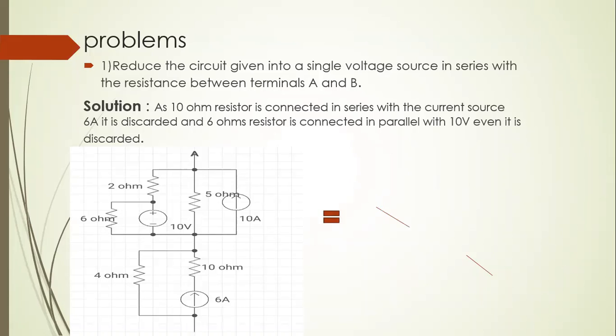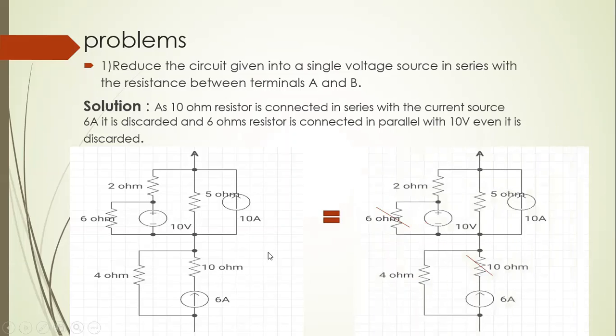First, whenever we see the problem, we should check whether the resistors are properly connected to the sources. Just check over here. As I've told you, the 6 ohm resistor is connected in parallel with the 10 volts, hence this is discarded.